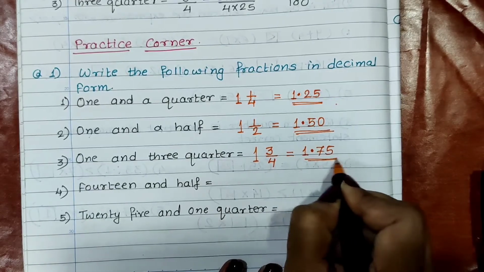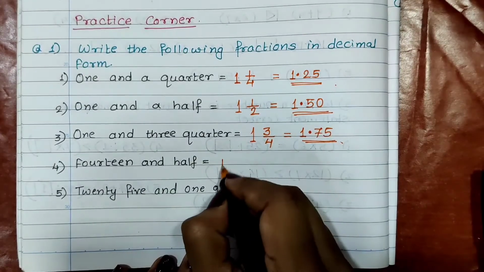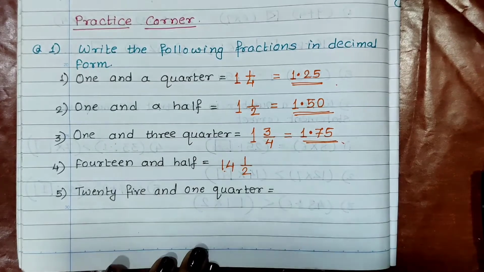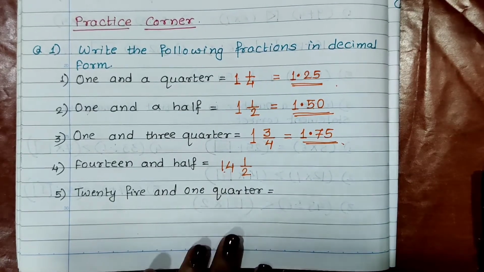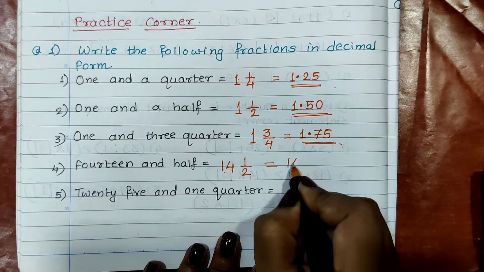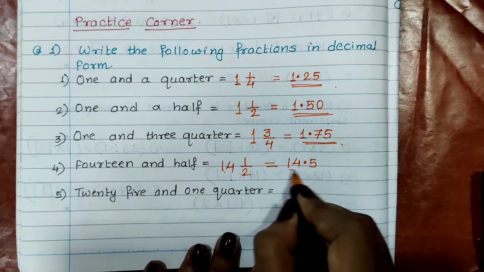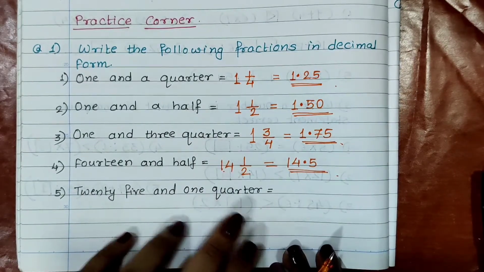Okay. Next, 14 and a half. That means 14, as we have to write the integer first, and half is the fraction. 14 integer, 1 upon 2 is 14 and a half. And in decimal form you can write it as 14.5 or 14.50. Then 25 and 1 quarter.